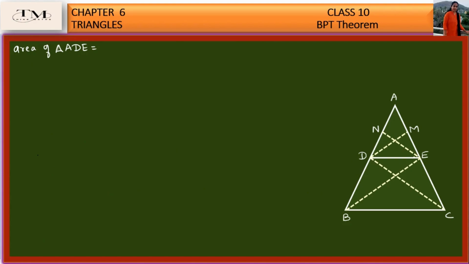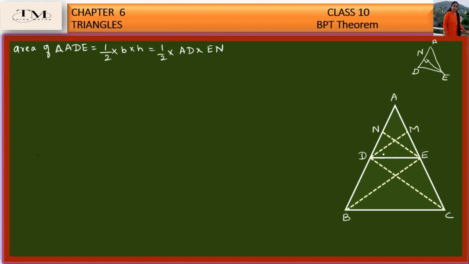So I am going to consider the perpendicular EN for the triangle ADE as the first perpendicular. Now area of a triangle is half into base into height. So half into, what is the base? Base is AD, and what is the height? Height is EN. This is the area of the triangle ADE.